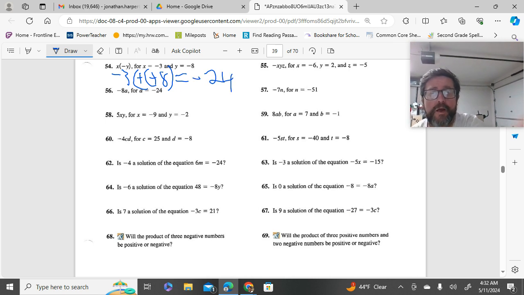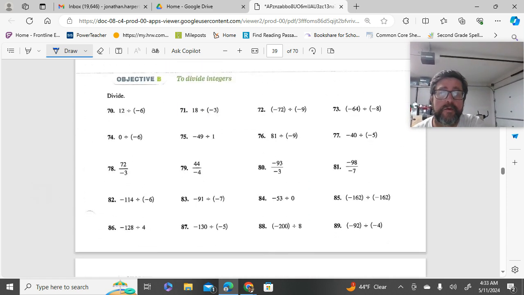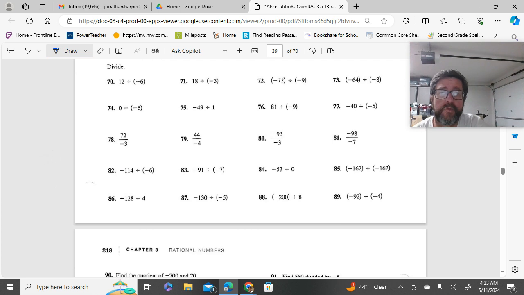Then you just tack the negative onto it. Again, you can do all this with your calculator if it suits you. Okay, pause it and we're going to go on.